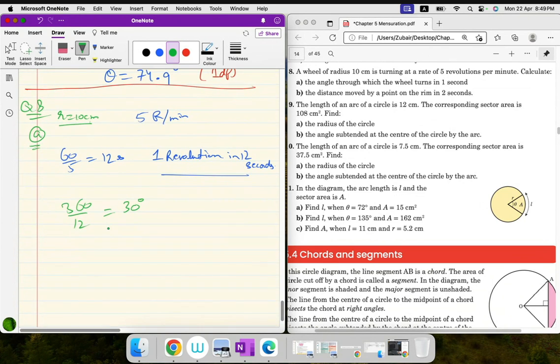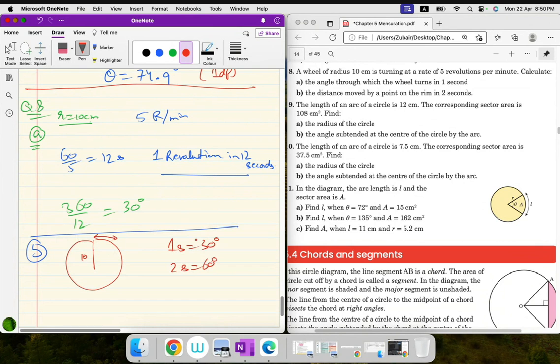Haris, what did you get for A part? I'm still trying to do, but I don't understand what to do. 110.5. Can you explain A part once again?